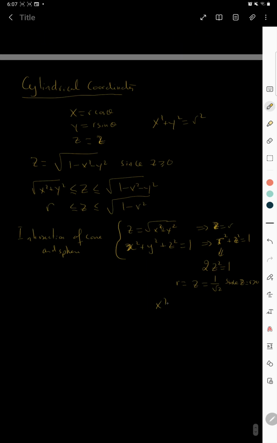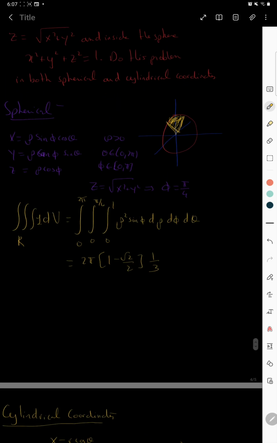And hence, x squared plus y squared will be equal to 1 minus z squared, which is 1/2. So really, the curve of intersection of these two is a circle whose radius squared is 1/2 at the plane z equals 1 over root 2. This is the circle here.